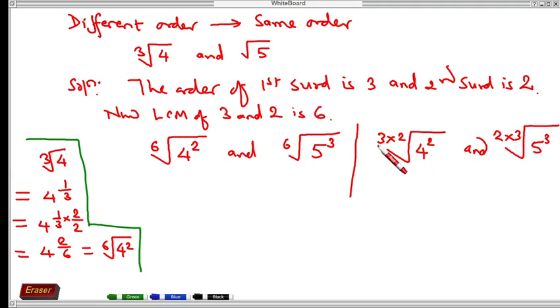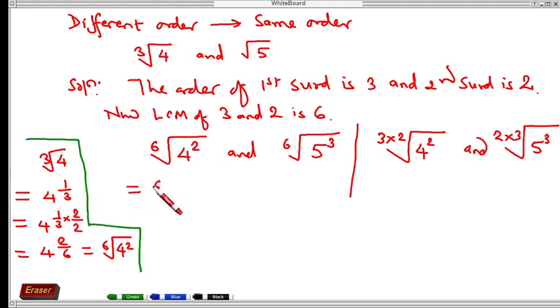This is the process. 3 times 2 is 6, 3 times 3 is 6. If you multiply the order by 2, then you raise the same power. If you multiply the order by 3, then raise the power 3. It can be done in this way.